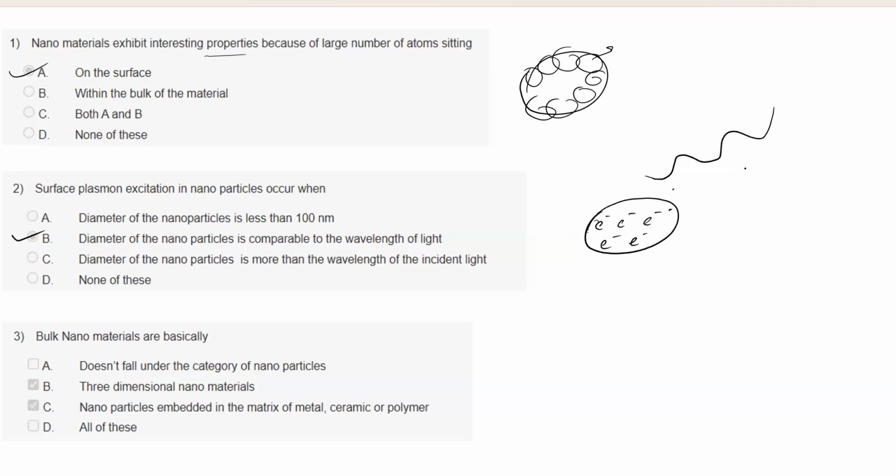It's not necessarily true, though. For example, the wavelength of visible light is around 400 to 700 nanometers.